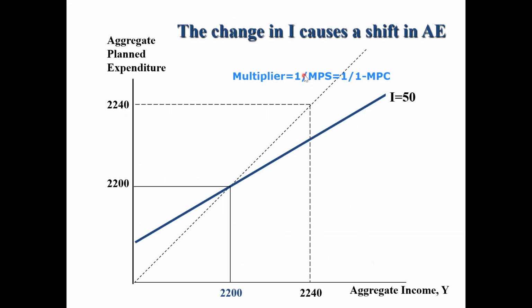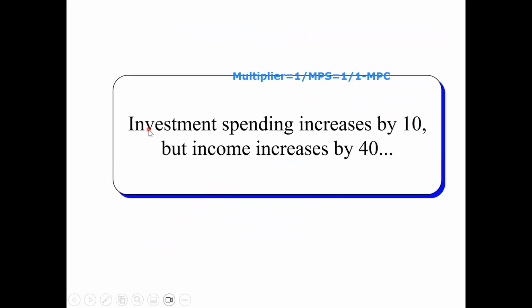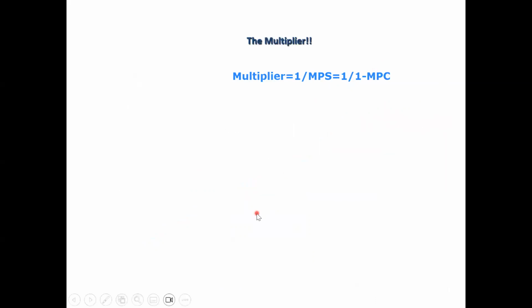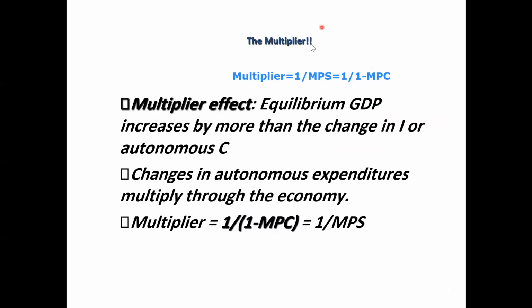As we said, the multiplier here is 1 over the marginal propensity to save, or 1 over 1 minus MPC. Here the investment is 60. We have an increase by this amount in Y. So with an increase in investment by 10, we have an increase in income by 40. And this comes to the concept of the multiplier.